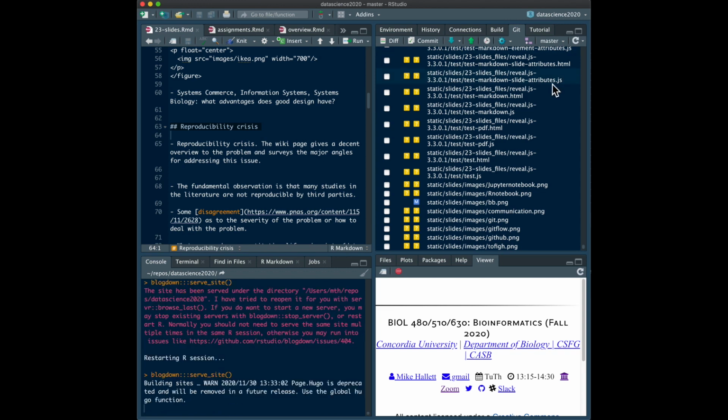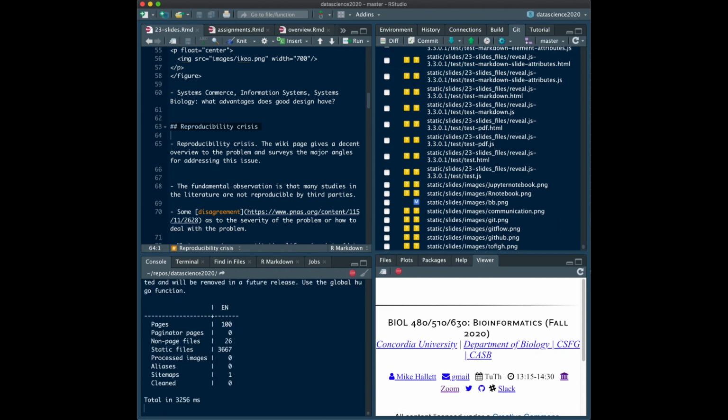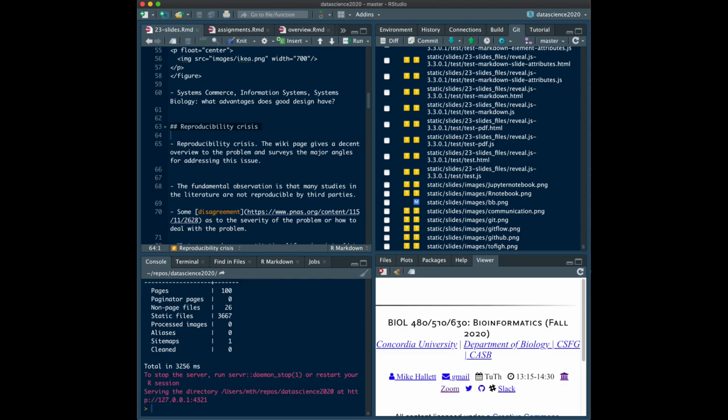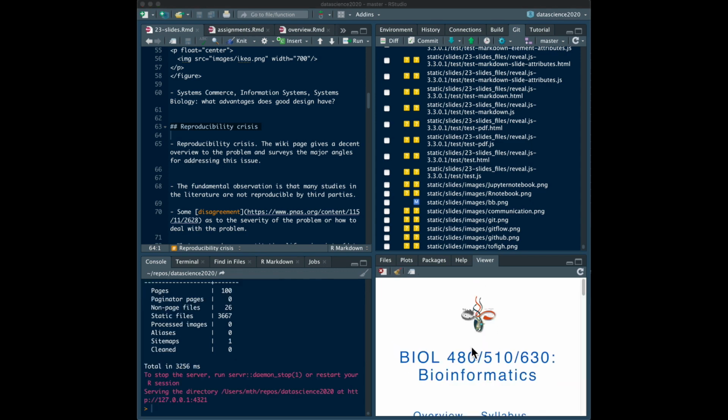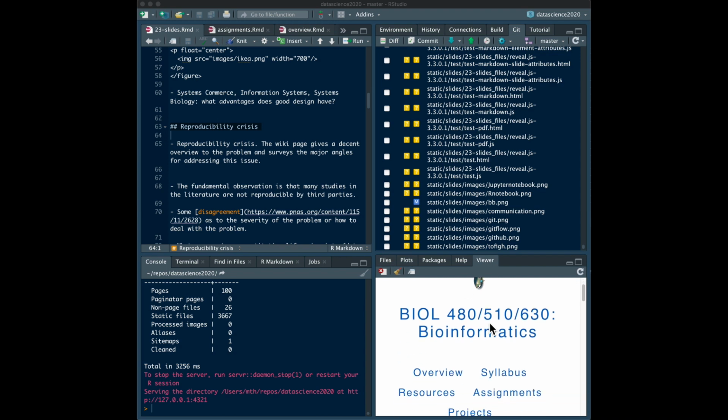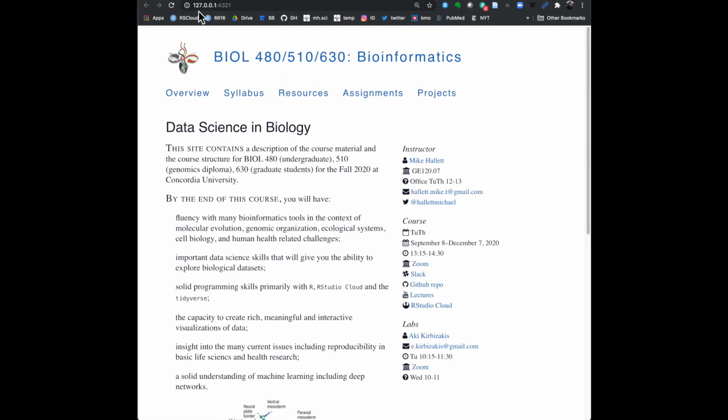Do Serve Site. And you'll see it's saying basically it's building the website, and it's finished. And you'll see that the website is locally here. What I can do is I can pop this open here. Right now it's not at the course website, it's just local. That's a local server, but I can test to make sure it worked.